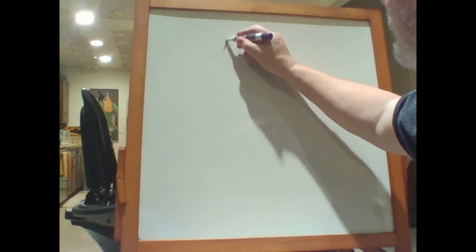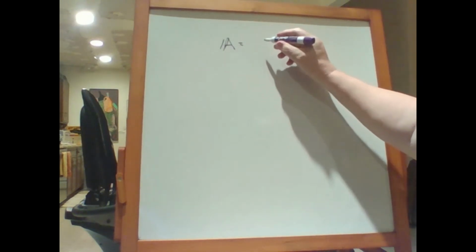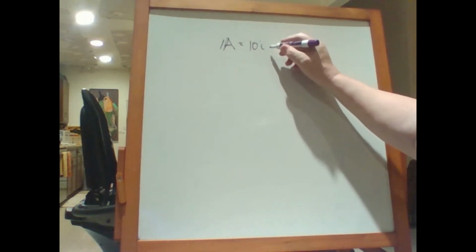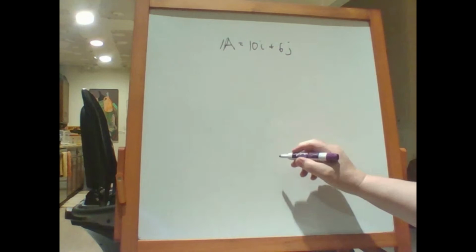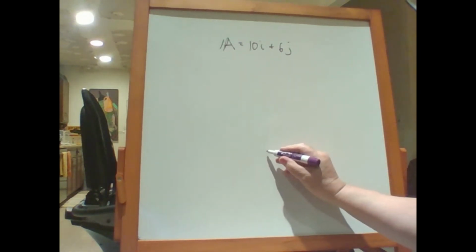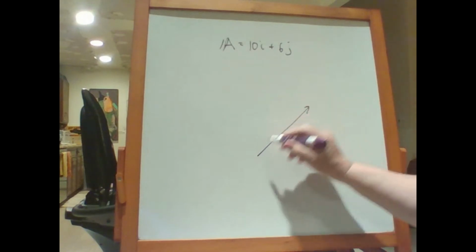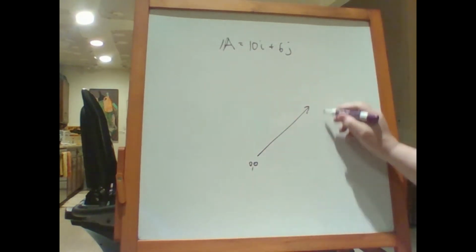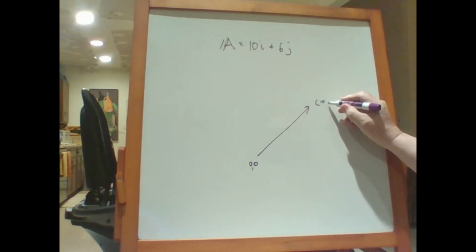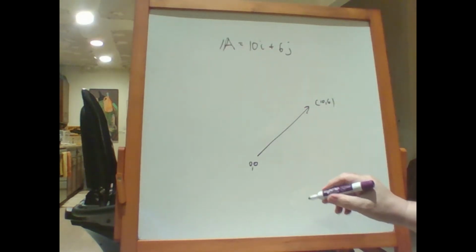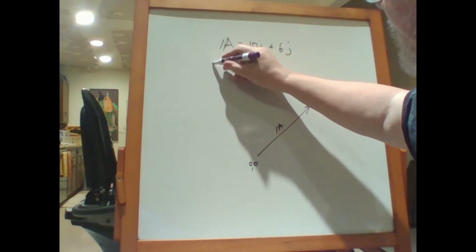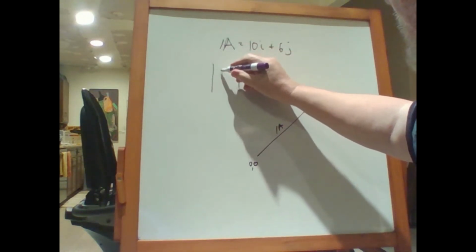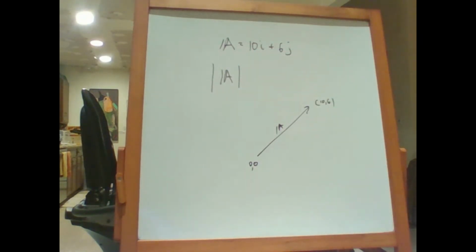If we're given a vector, let's say A is equal to 10I plus 6J, and we had some coordinate system with this at 0, 0 and this at 10, 6, what would be the magnitude of A? Well, we represent the magnitude with these lines.